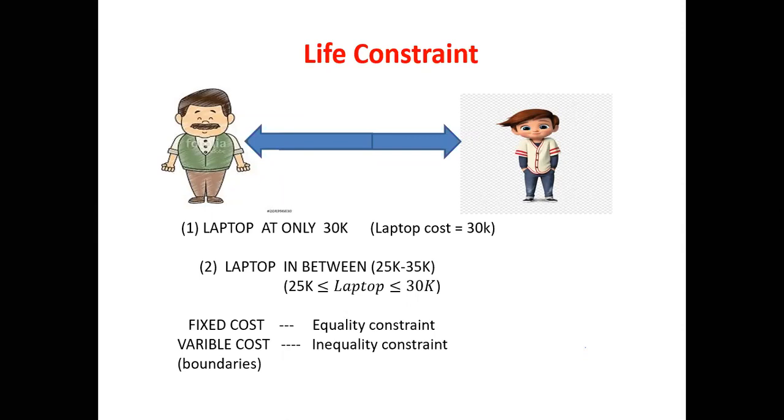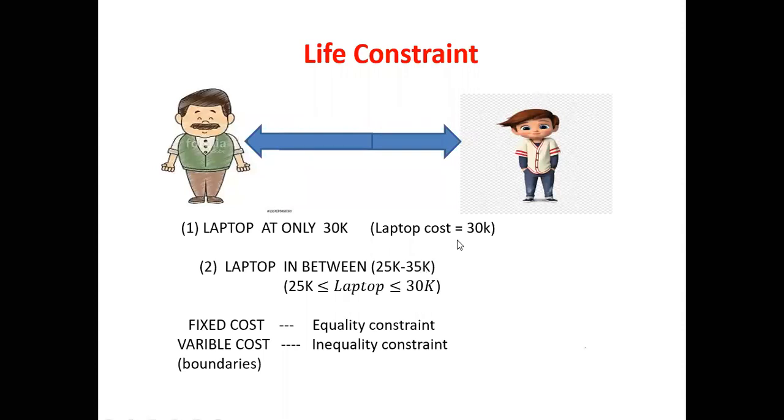For example, in case 1, you need to buy a laptop by spending exactly 30,000 rupees. So this is a condition. What is that condition? Exactly 30,000 rupees must be spent to buy a laptop. Similarly, in the second case, what is the condition? We need to buy a laptop between 25,000 and 30,000. This is also one of the conditions.